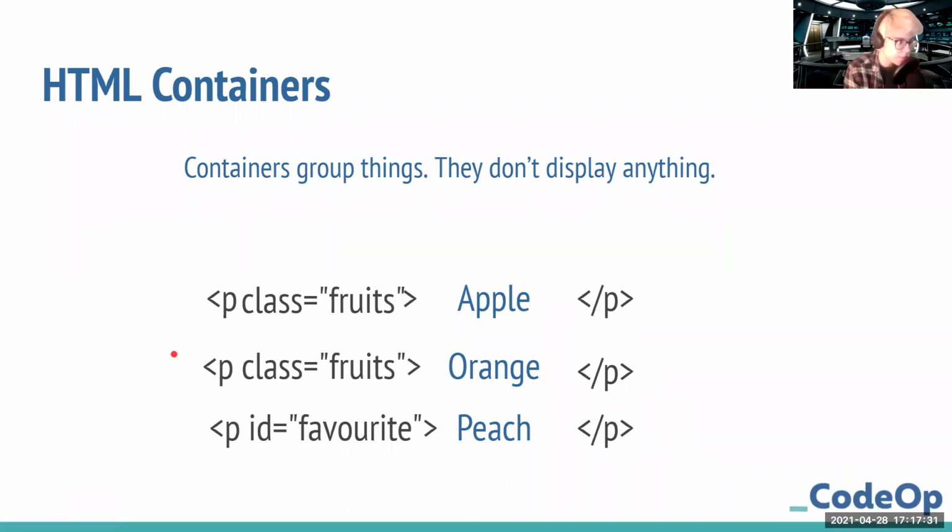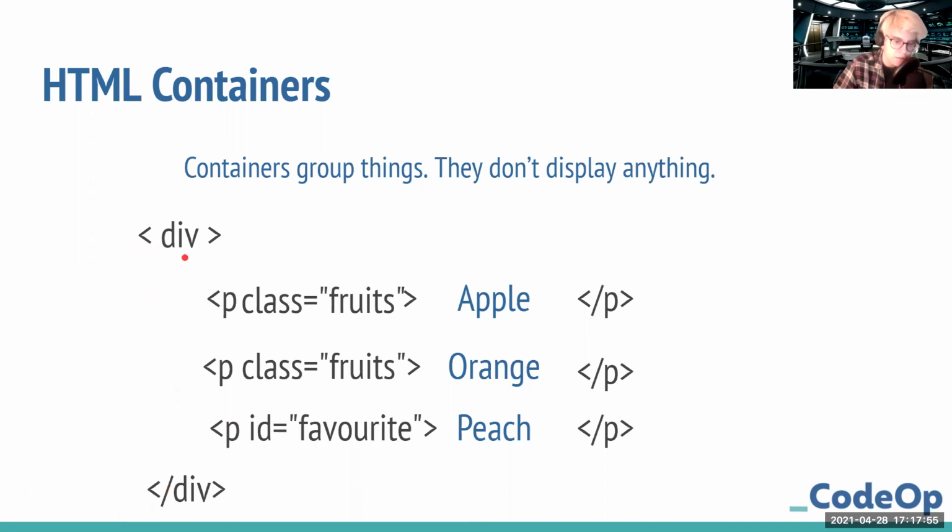So for this, I have something called containers. So with containers it is basically like this. I add div at the beginning of this group and div at the end.